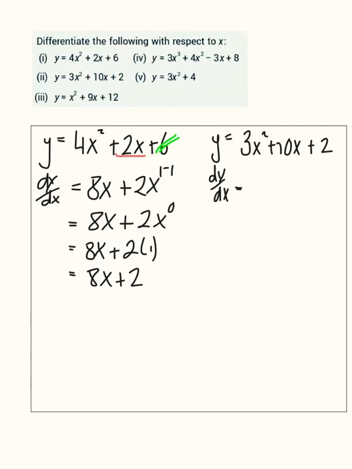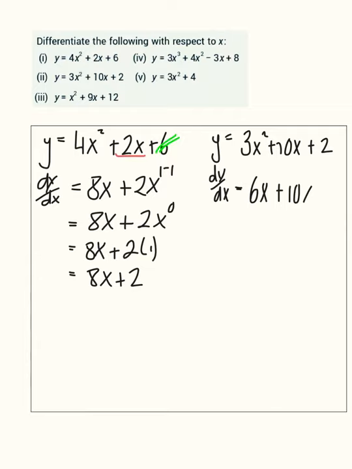So 2 times 3 is 6, minus 1 from the power, 2 minus 1 is 1. And again, we don't write the power of 1, it is assumed that it's there. Plus, so 10x, so 1 times 10 is 10.